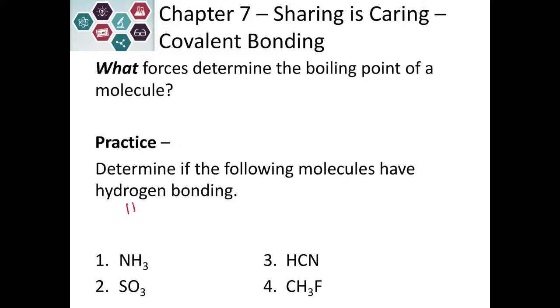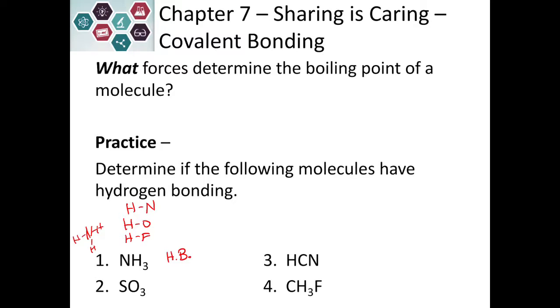Hydrogen bonding, you need to have an H-N, H-O, or H-F bond somewhere in your molecule. If you do, then you have hydrogen bonding. If you do not, then you do not. NH3 has a nitrogen-hydrogen bond, if we remember what our Lewis structure looks like. So that has hydrogen bonding.